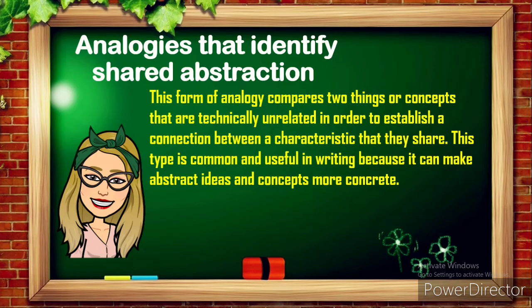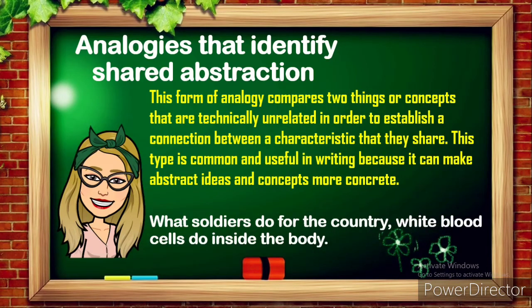For example, what soldiers do for the country, white blood cells do inside the body. In the given example, the abstract concept of how white blood cells function in the body is made clear by explaining that they protect everything inside, like how soldiers perform their sworn duty to protect their country.